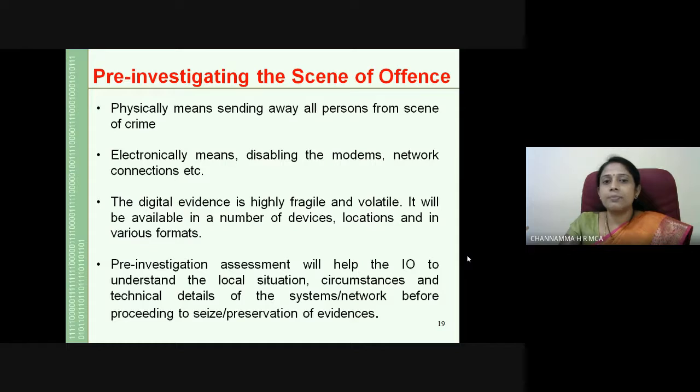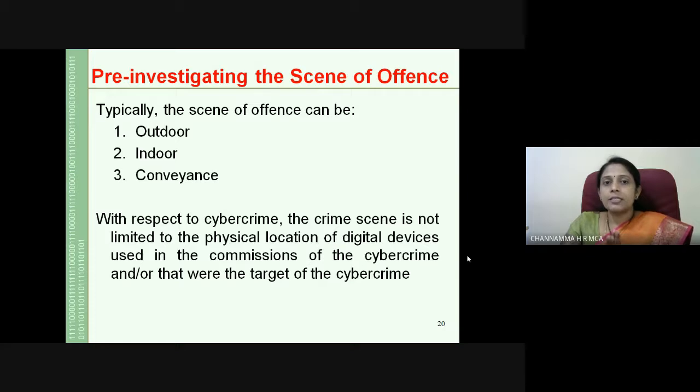So in the pre-investigating process, one will understand the complete circumstances and the situation of the crime. There are three types of scene of crime: outdoor, indoor, and conveyance.